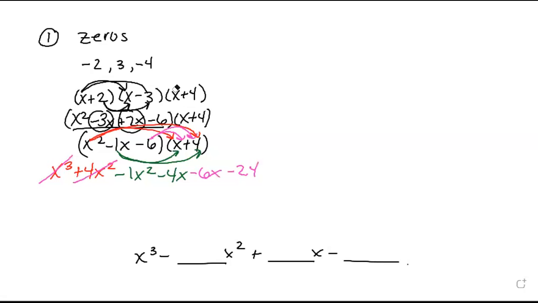So we've got a positive 4x squared and a -1x squared. So 3x squared. I've got a -4 and a -6. So those two would go together to be -10, minus 24.